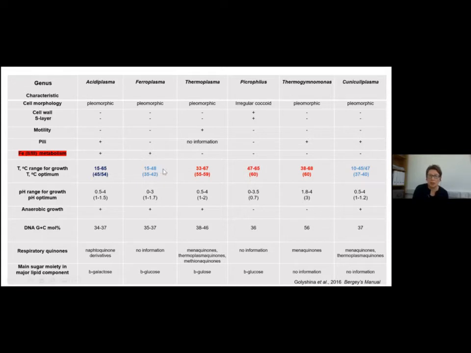This range is quite wide, but optimal temperatures are normally in the mesophilic range. Furthermore, all these organisms are very acidophilic, and some of them are aerobic or facultative anaerobic ones.